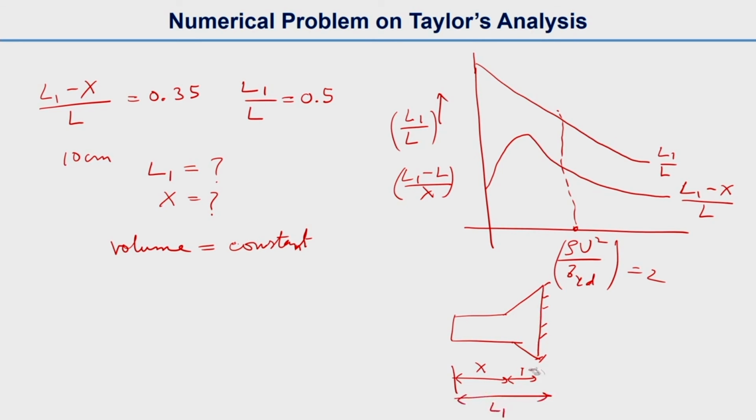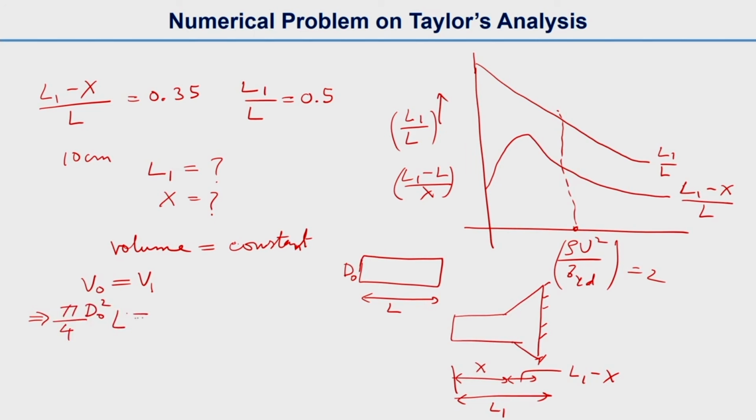So this part is L1 minus x. Now if the volume is constant, the initial volume is L and d naught, and the final volume is equal to it.